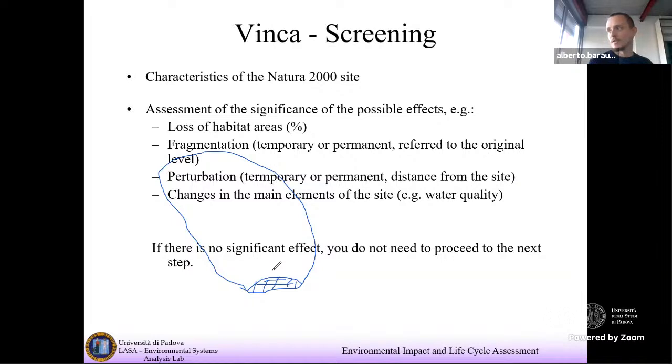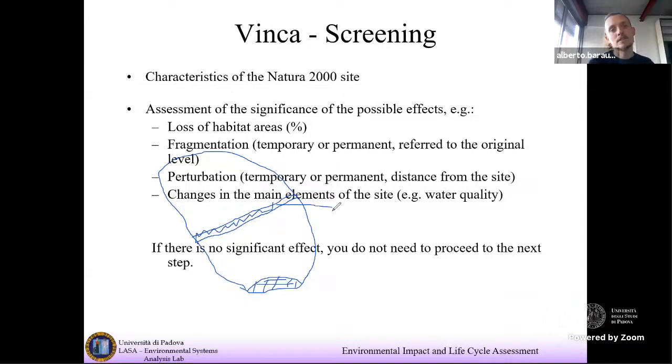And it's not a significant impact on the integrity of the site. Let's suppose that the same surface is not lost here, but you lose 5% of the forest like this, a very tiny strip across the forest.